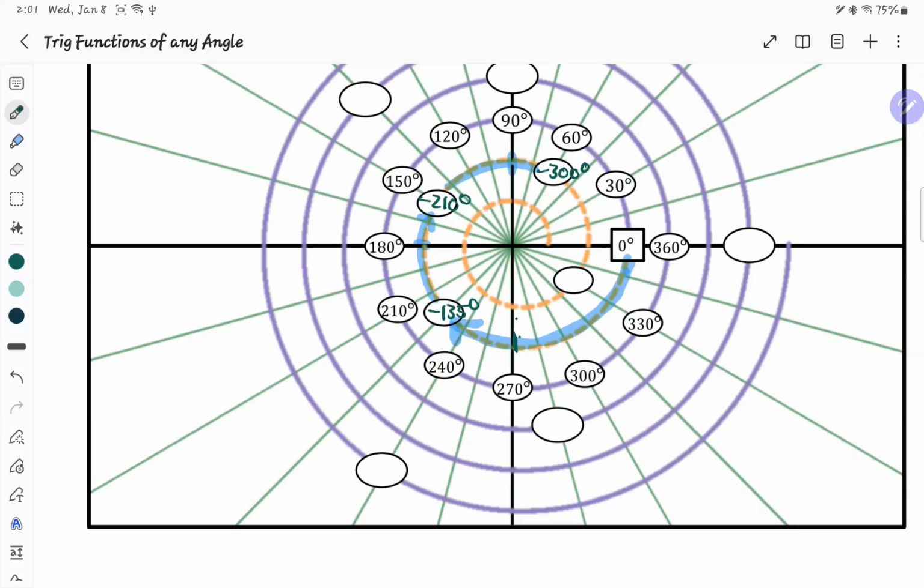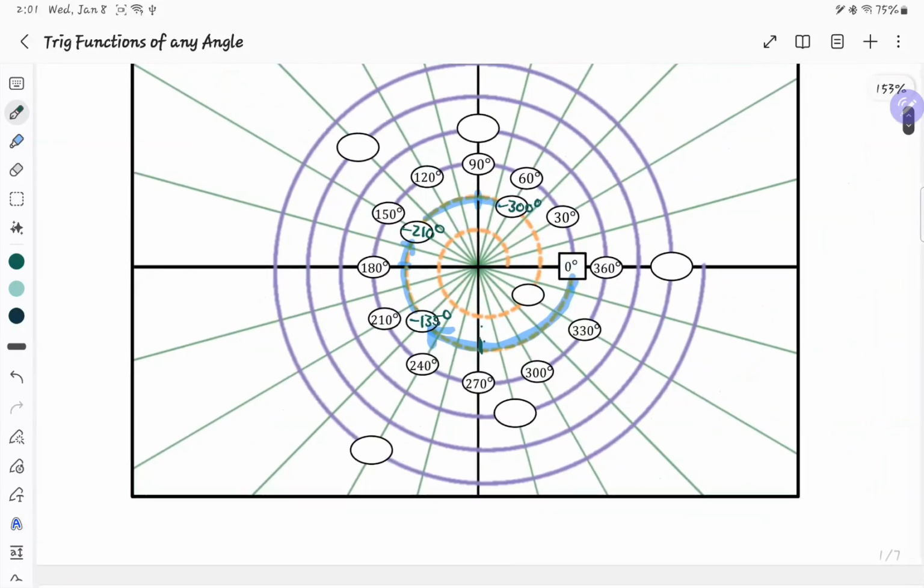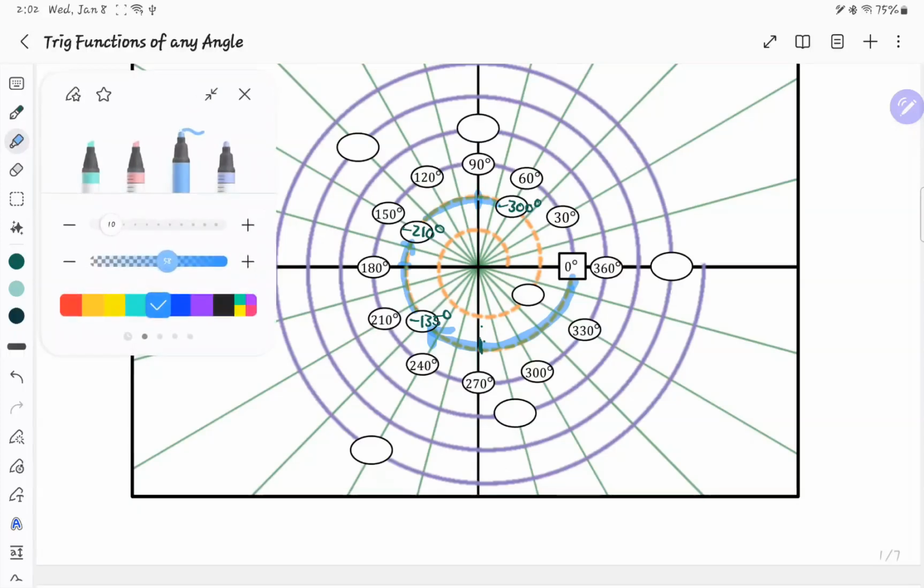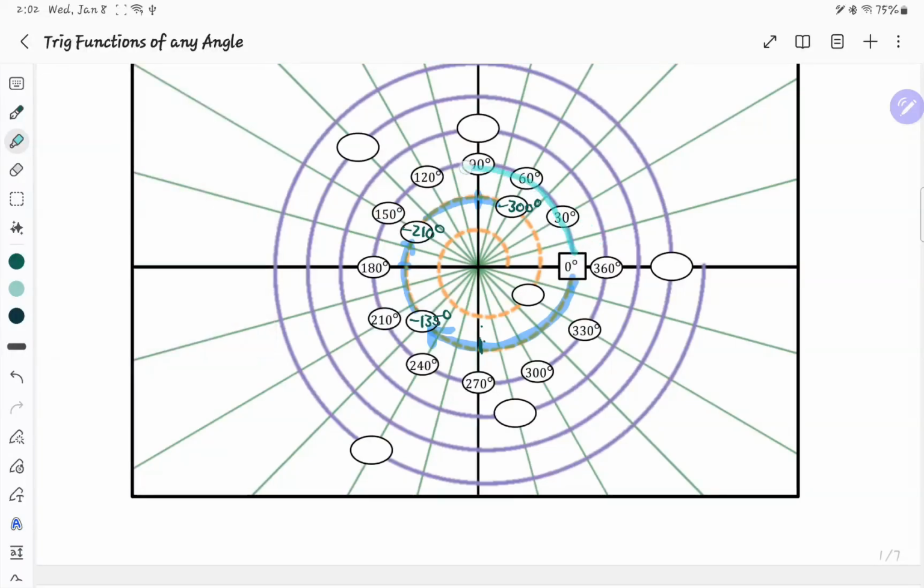If we looked at some of the positive angles on the outside here, so say this one up here above the 90, I'm going to go ahead and change color a little bit here. Let's pick this tealy color. So that would mean going from 0 all the way around 360, and then another 90 right before I finally get up right there.